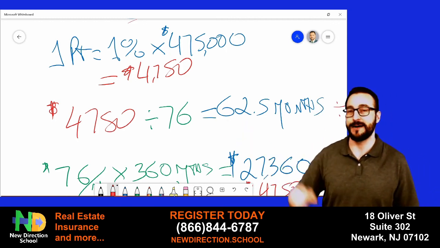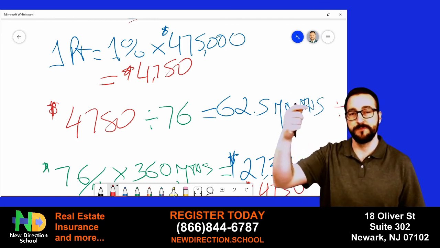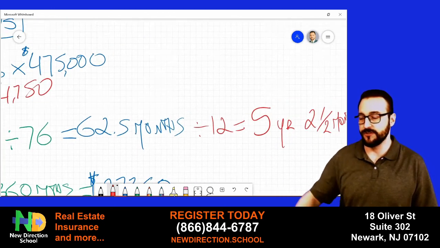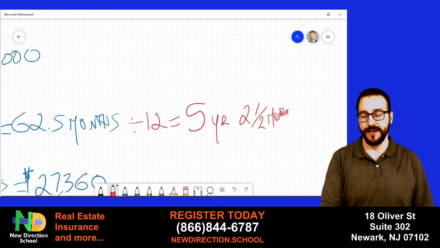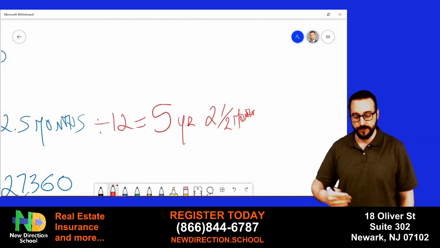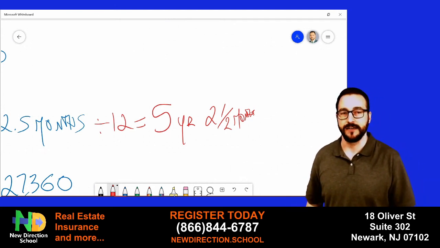I divide this by the 76 savings, the difference between what I would be paying and what I am paying, right? And that gave us 62.5 months. Dividing by 12, we're talking about a 5-year term for us to get a return on our money. 5 years to get our money back.